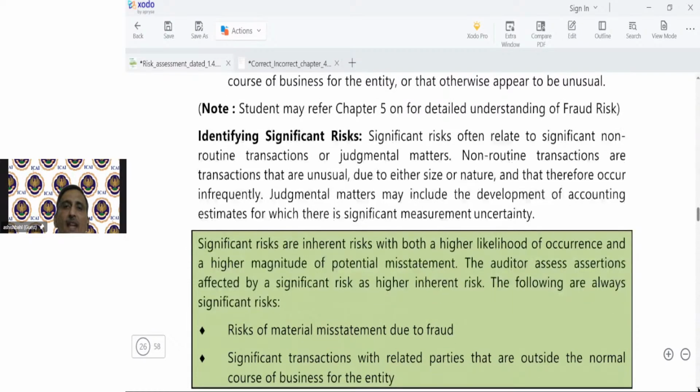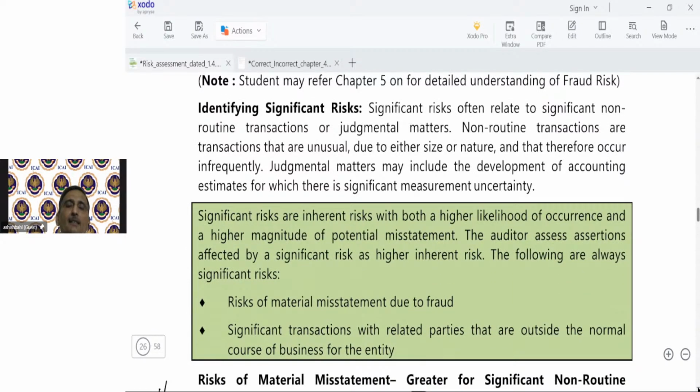Non-routine transactions, as the name indicates, students, these do not happen frequently, regularly. Say sale transactions are happening daily. So these are routine transactions.